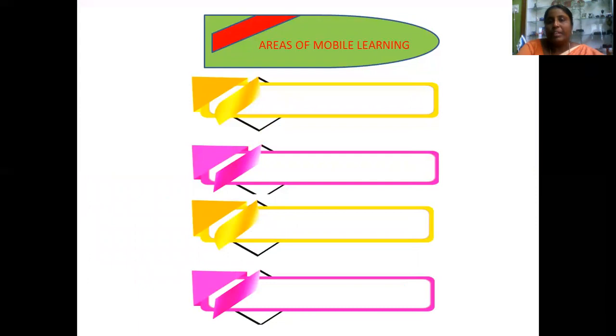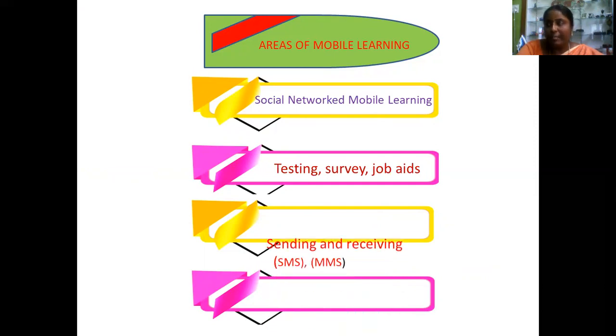Then, area of mobile learning. There are a variety of areas where mobile learning has been exploring to a great extent. Some of the areas of growth include social networked mobile learning, testing, survey, job aids, and just-in-time learning.